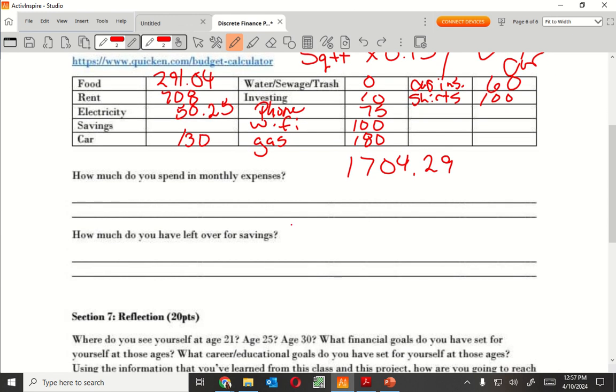Okay, so right here we go. 2275 minus 1704.29. And this is what we should have left for what?